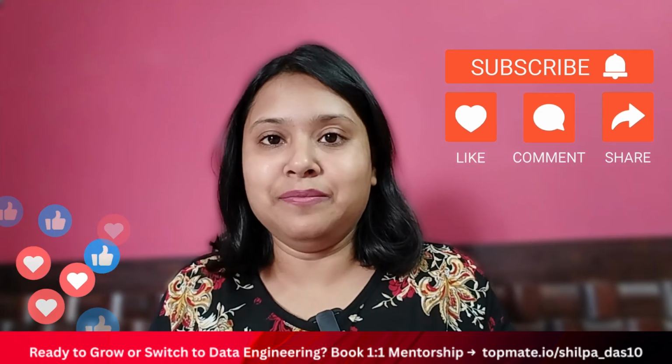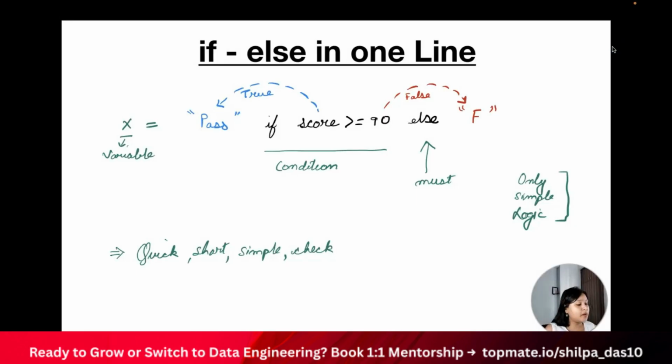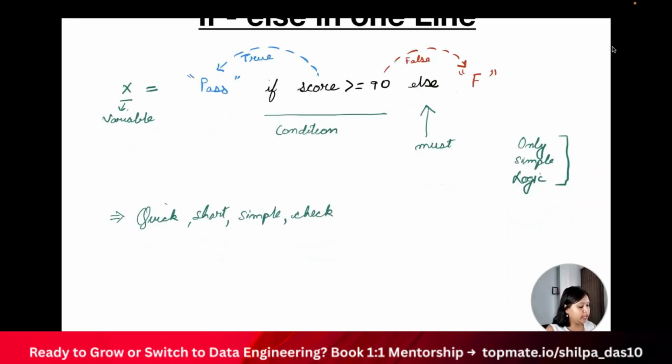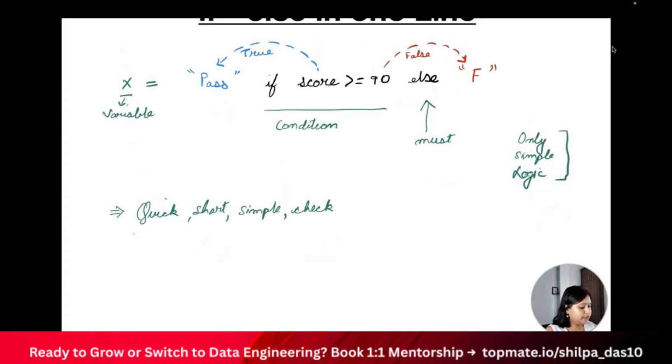So let's get started. Now we will be learning about the if else, which we can do in one line. We have seen a few statements here. Let me write it down. We have here, let's say, if a is greater than 10, then print a, else print b, right?